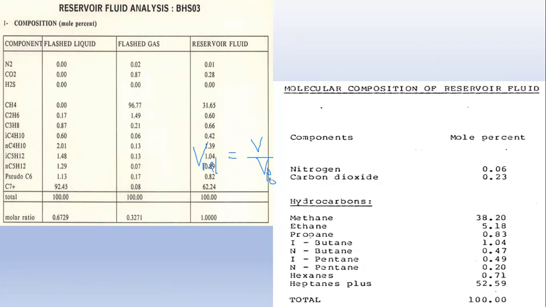We also need PVT analysis because we use that to help us calculate the in-place volumes and recoverable reserves accurately. Also for production optimization, to predict the fluid behavior and optimize production strategies. Also, we need PVT analysis to do well design, to design surface and subsurface equipment for efficient operations.